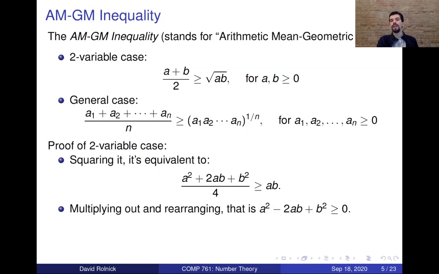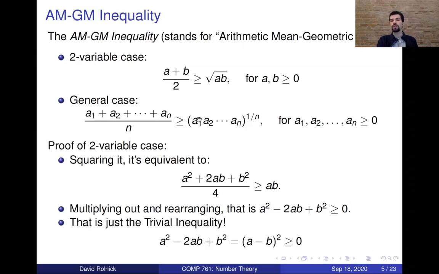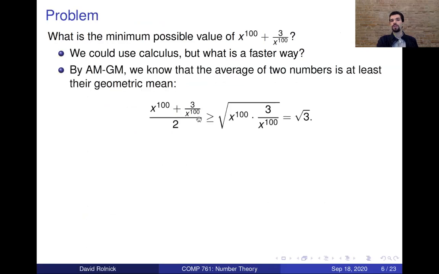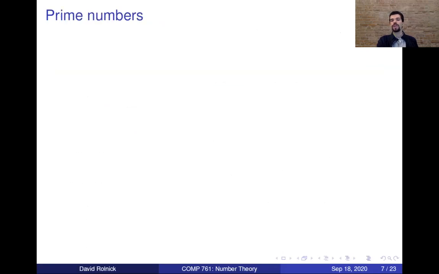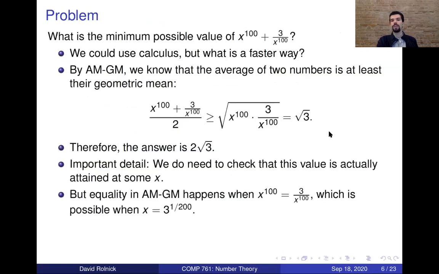So we're using AMGM, the inequality, to show that it is greater than or equal to 2 times the square root of 3. And we're using AMGM, the equality condition, to show that there is some x that actually satisfies the inequality. So the inequality is in some sense tight. Does that make sense?